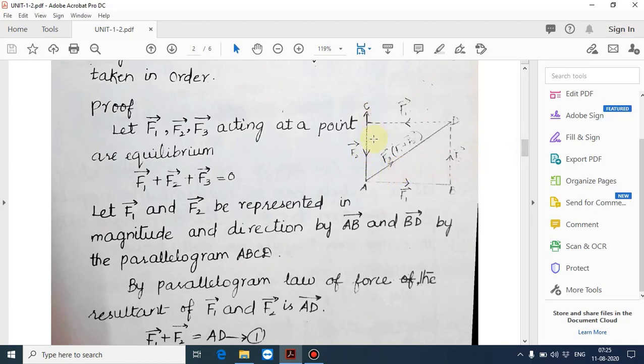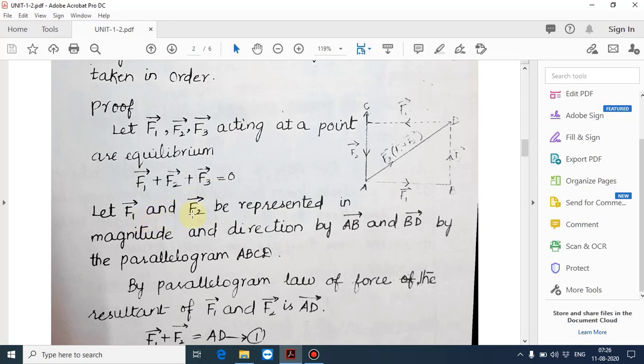F1, F2, F3 are acting at a point and are in equilibrium. That is, F1 plus F2 plus F3 is equal to 0.